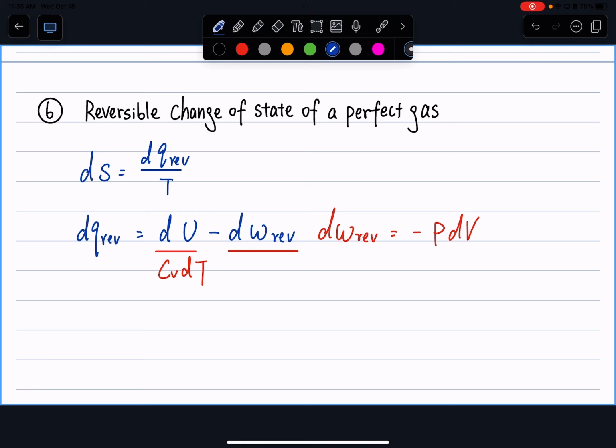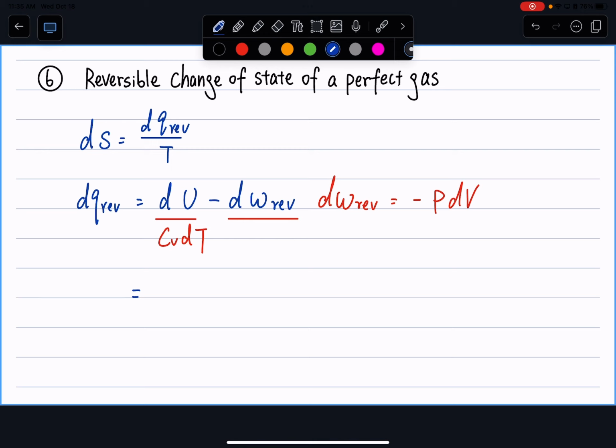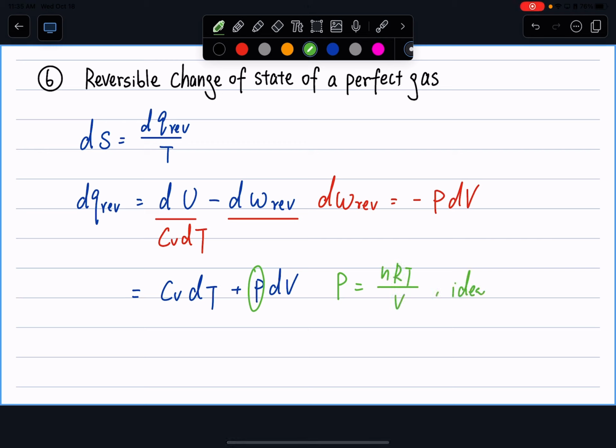Next up, let's write that out. We have Cv dT plus P dV, and here our P for ideal gases equals nRT over V. So we can further write it out as Cv dT plus nRT over V dV. And for an ideal gas, your Cv is constant.